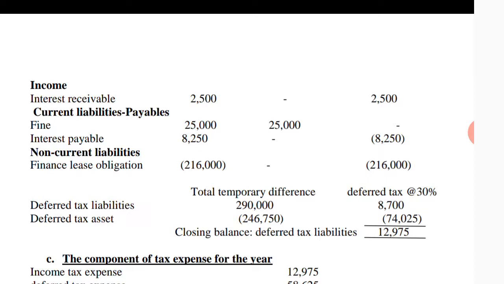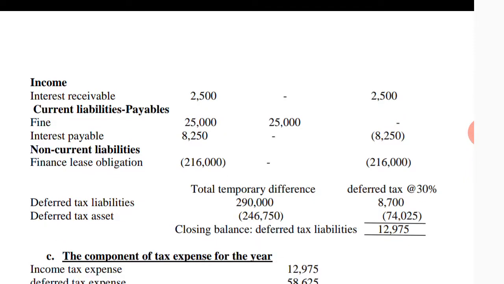So by the time we add all the liabilities together and all the assets together, for the liabilities we have 290 million naira, while the assets we have 246,750,000 naira.